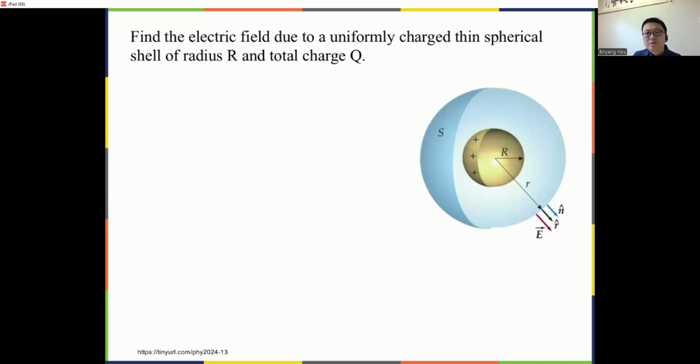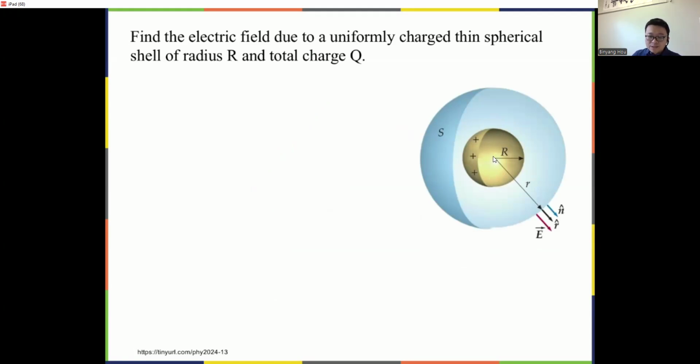It says: find the electric field due to a uniformly charged thin spherical shell of radius R and total charge Q. So similar to the volume charge distribution, but this time, because this is a shell, the inside is empty.